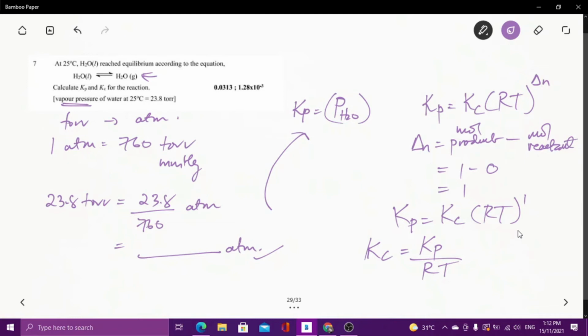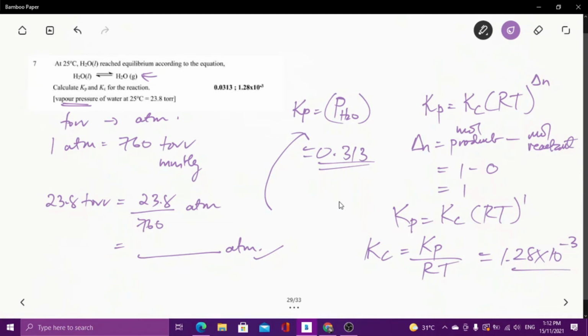Okay, so dapatkan Kp. So kalau Kp tadi sepatutnya anda dapat 0.313, and then nanti anda punya Kc kat sini anda akan dapat 1.28 times 10 to the power of negative 3. Okay, so boleh refer dekat situ.